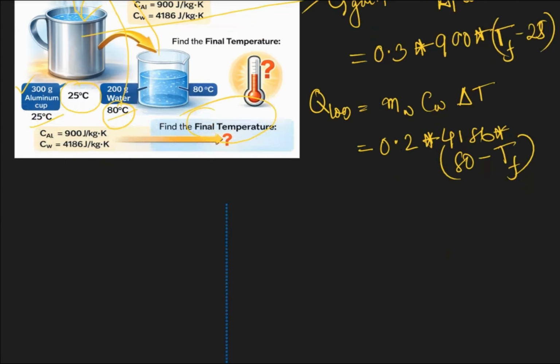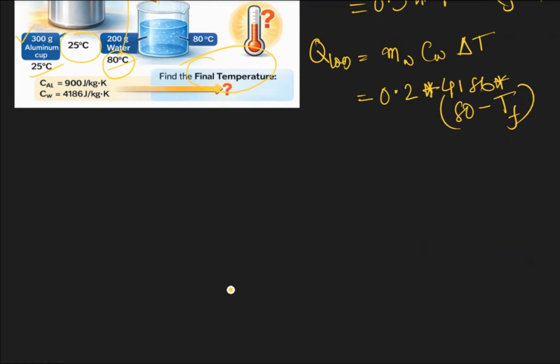And we know the formula of calorimetry: heat gain is equal to heat lost within a system. So in this system, the heat gained by the aluminum container is 270 after multiplication with the value.